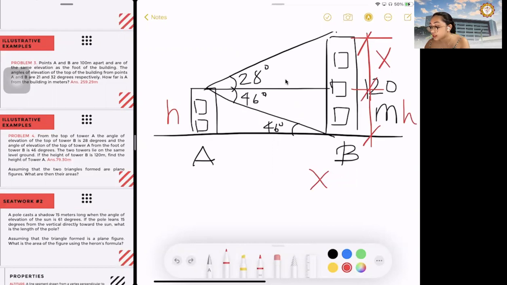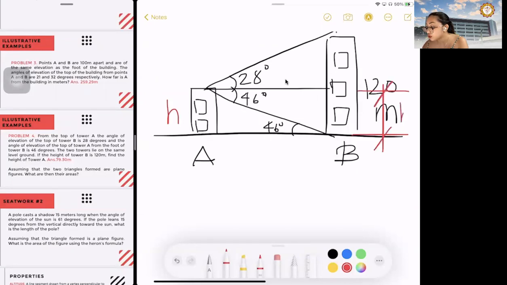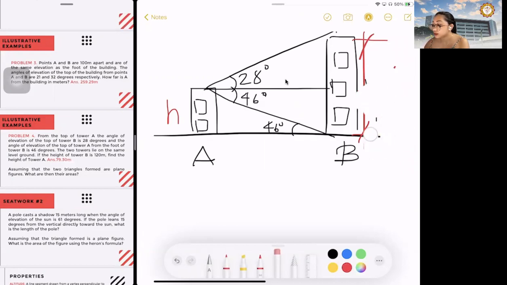No, we will not call that X because it will confuse us if we have many other variables. So I'll just put here as this is H, okay? But the entire height is 120. Okay, sige, sorry. Let's redraw that part. It might confuse us.